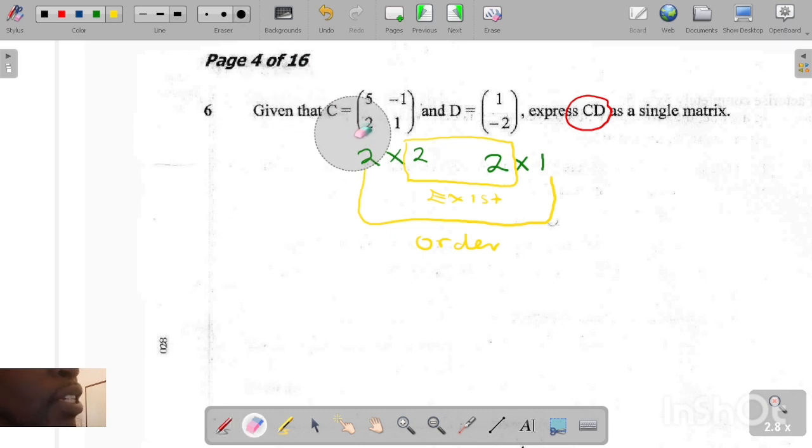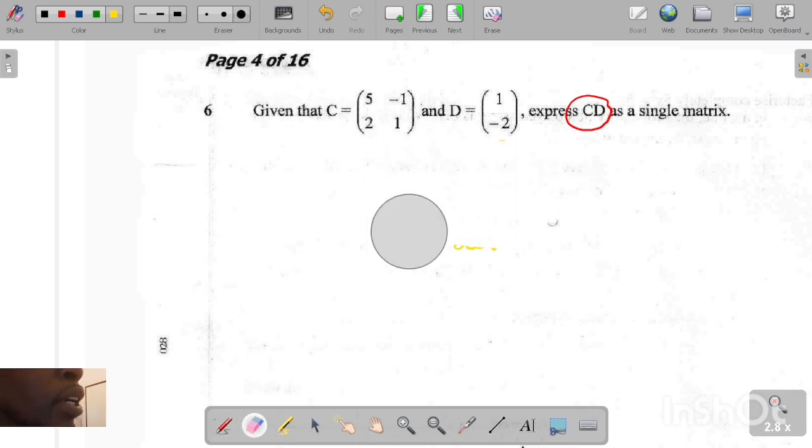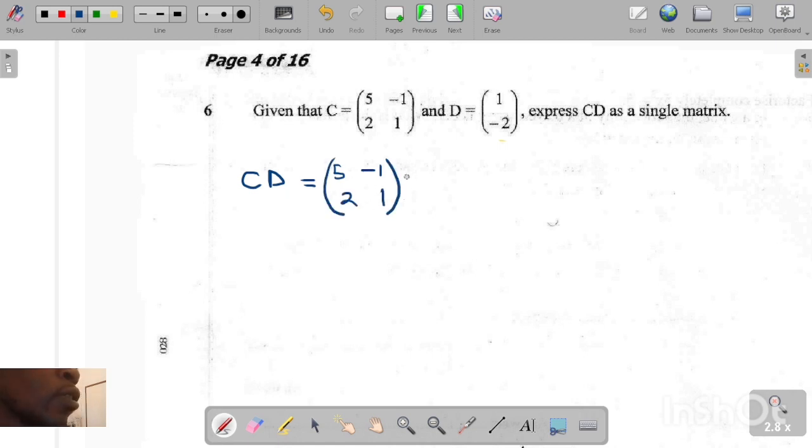Let's go ahead and answer. CD is equal to the matrix C, which is 5, -1, 2, 1, multiplied by this matrix D, 1, -2.